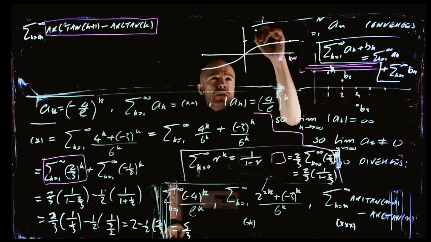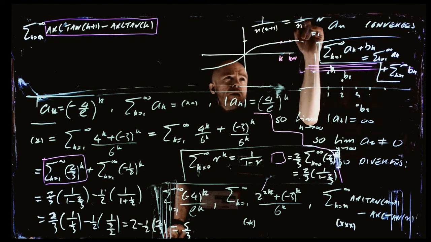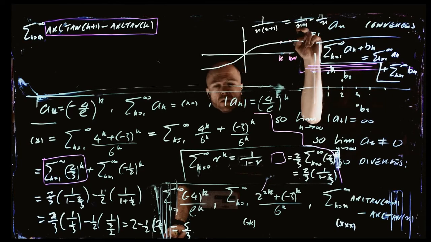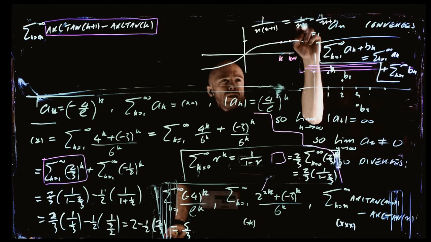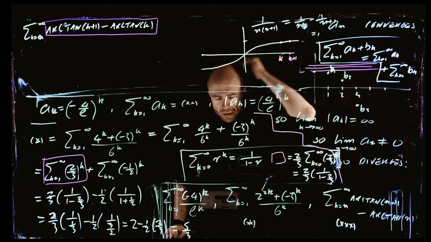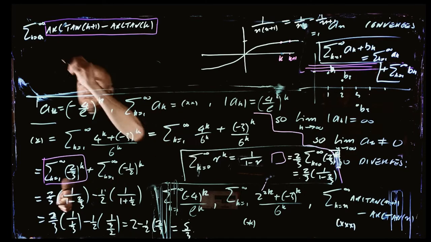So when we had this thing, it was 1 over n plus 1 minus 1 over n, or maybe the other way around. So it was this guy minus the guy next to it. When you see some kind of structure like this, it's a good hint that there's a telescoping series kind of thing going on here.